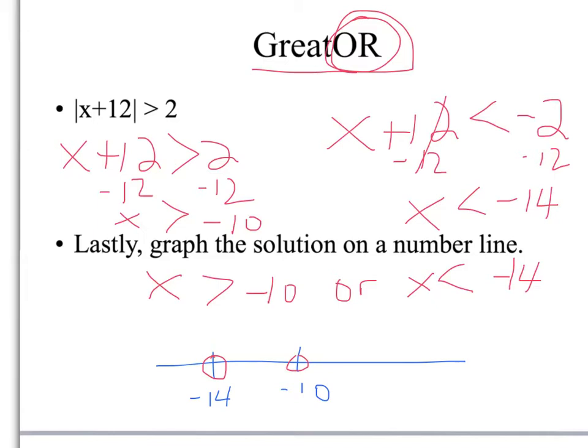And for x greater than negative 10, the side that's greater than negative 10 is to the right of negative 10. And the side that is less than negative 14 is to the left of negative 14. And so that's what the sketch of this solution would look like on a number line, meaning that any point on these red lines is a solution.